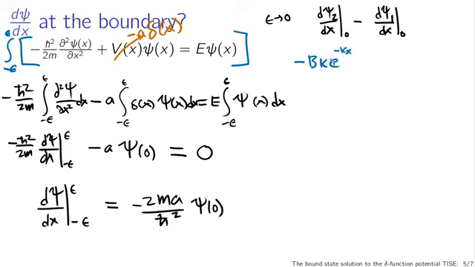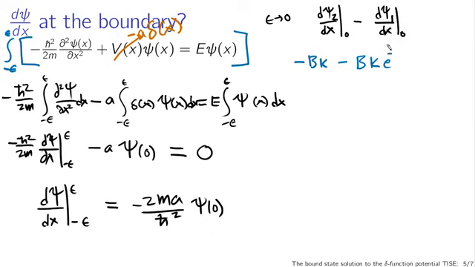So this e to the minus kx is just going to go to 1, so I'm not going to bother writing it. I just get minus bk for the first derivative of psi in region 2 at the boundary. For the first derivative of psi in region 1 at the boundary, now I'm subtracting it because this is the second endpoint. I get a very similar expression.